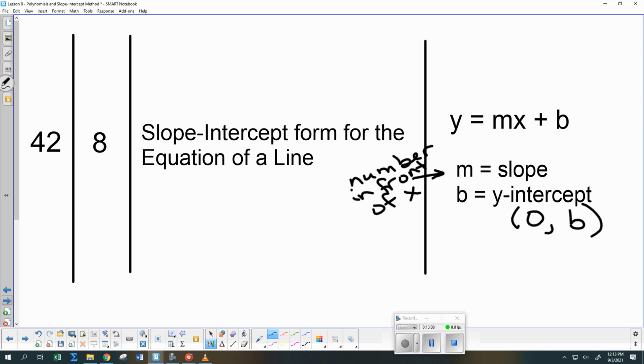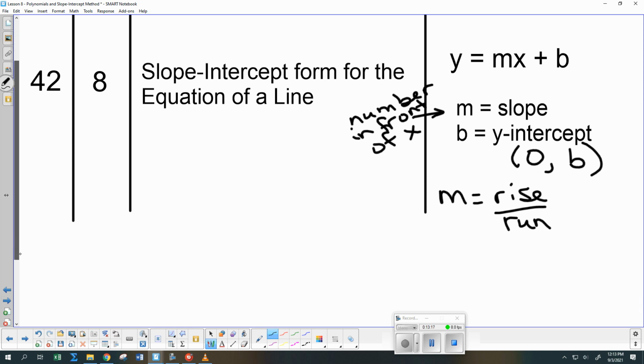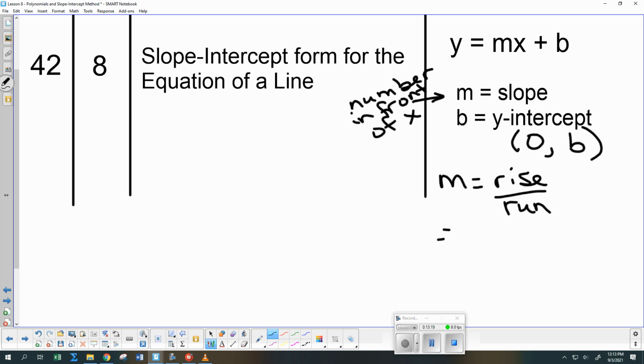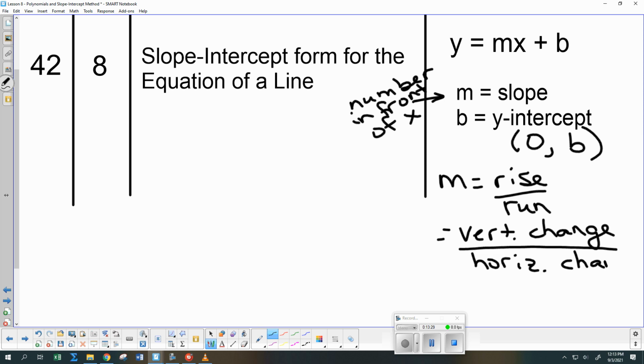And let's also remind ourselves that the slope is the rise over the run. It is the vertical change over the horizontal change. And you probably remember a formula, or at least that we had a formula.